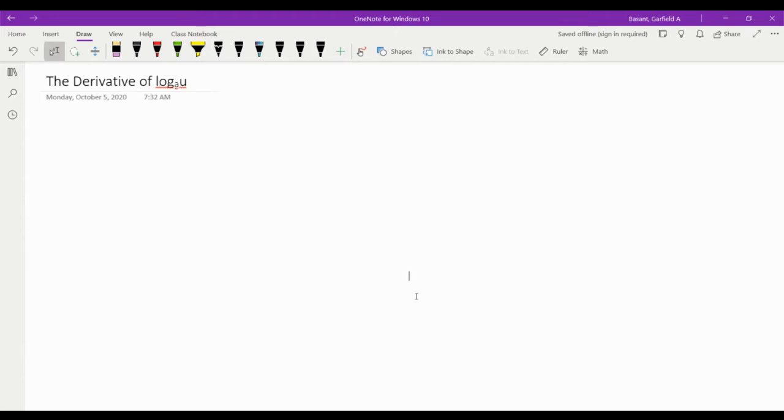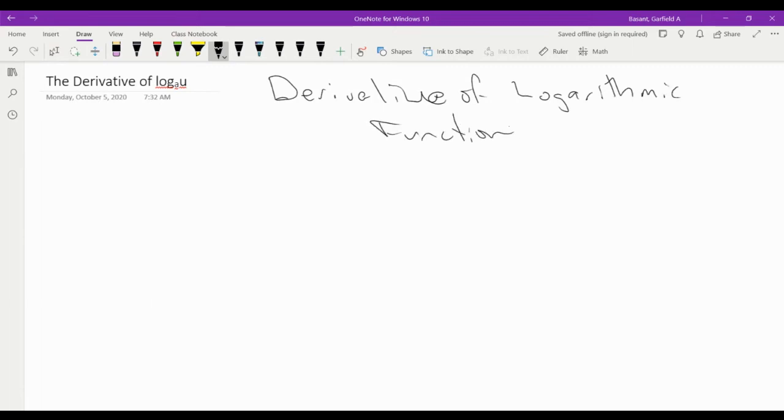So if we recall, let's go back to the natural log function first. So we're looking at the derivative, and we already covered base e.